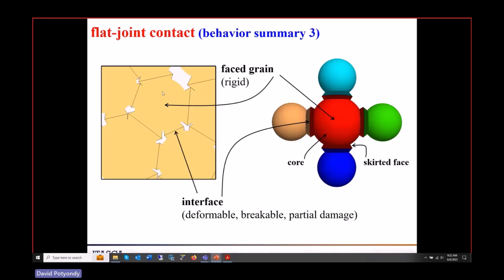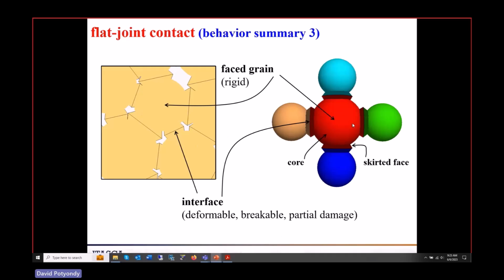Now this is going to be very interlocked. Because it's discretized and each element has its own springs, there is stiffness, so the interface itself is deformable. It's also breakable because each little element can break independent of the others, which means it can have partial damage.